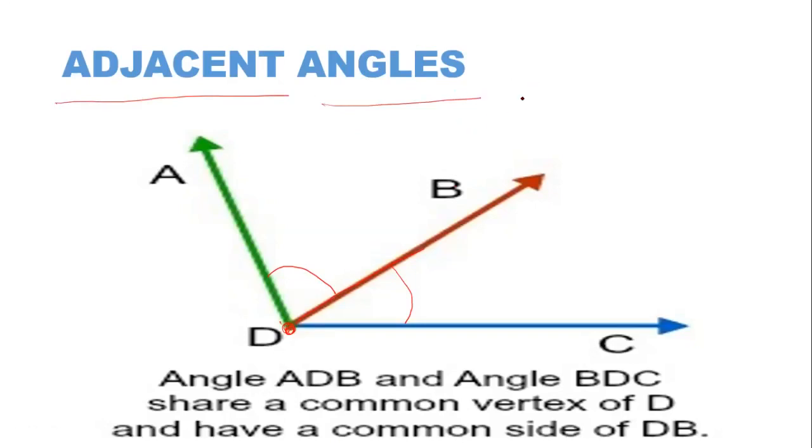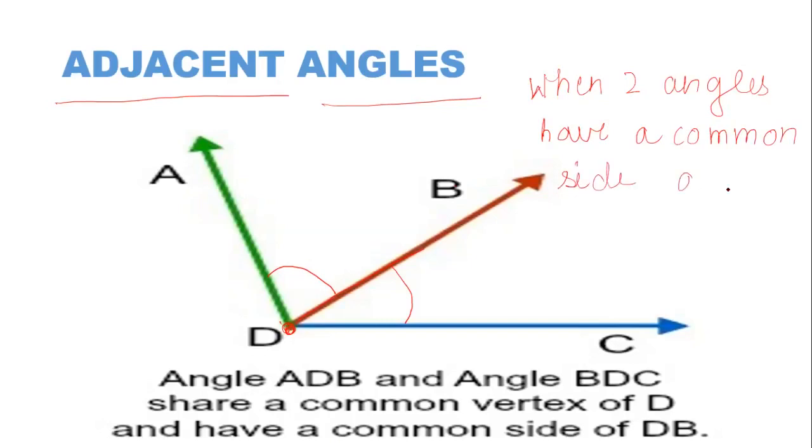When two angles have a common side and a common vertex, then they are called adjacent angles. Is it clear? They are called adjacent angles.